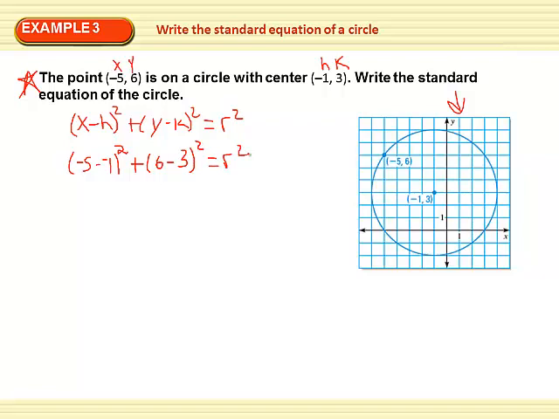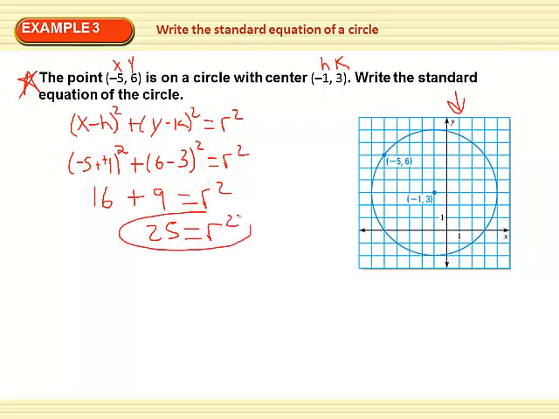In order to find the standard equation, you have to find out what r squared is equal to. So simplify this, we get -5 plus 1, quantity squared gives you 16, because -4 times -4 gives you positive 16. 6 minus 3, quantity squared gives you 9. That gives you r squared. You get 25 is equal to r squared.